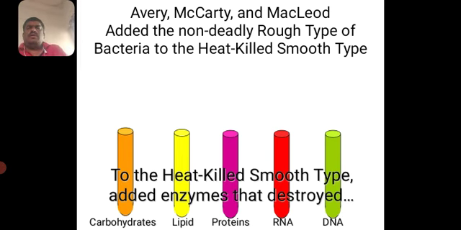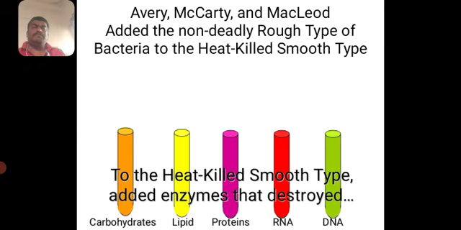So the 3 scientists Avery, McCarty and McLeod concluded that the transforming principle was not a carbohydrate. In the second tube, the mixture of 2 strains plus lipase enzyme is injected to the mice. The mice also get killed, and they concluded that the transforming principle was not a lipid also.